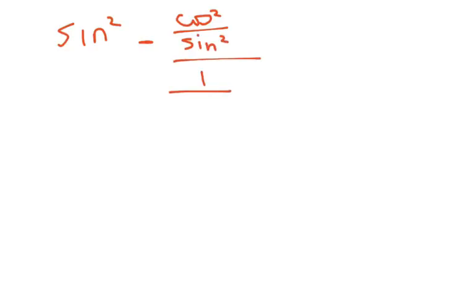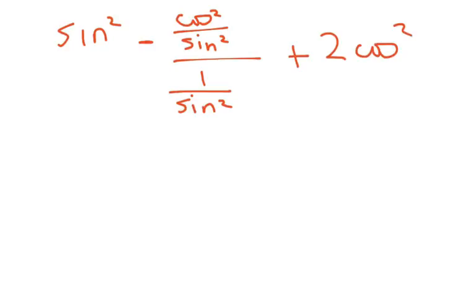So I have sine squared minus cosine squared over sine squared over 1 over sine squared plus, don't forget this piece.